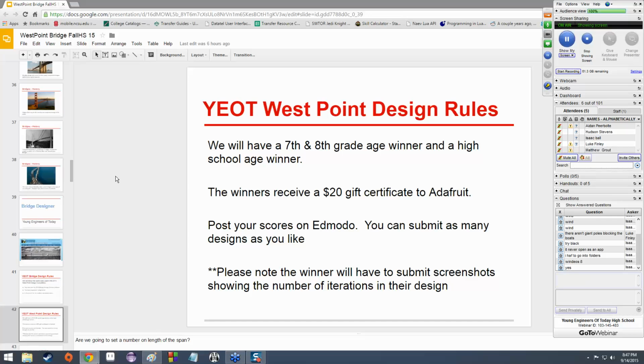Now, also please note that the winner will have to submit screenshots showing the number of iterations in their design. That's kind of an important point. You've got to make sure you have some screenshots showing how much your design changes over time. It's a cool thing, but also to make sure that you've gone through some form of the engineering process and haven't just copied the bridge from online or something like that.